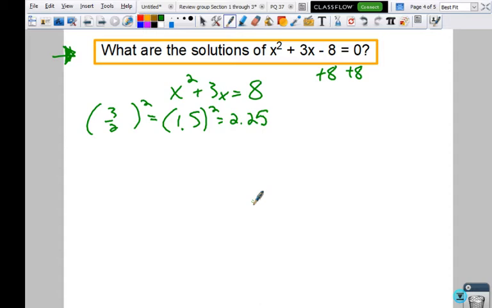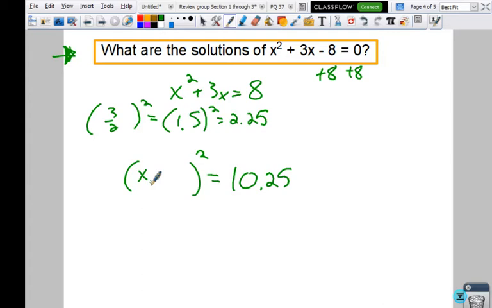2.25. We add it to 8, and then it goes on the end. So we get 10.25. And then inside here, we're going to have x. And Luis, what's going to go in here next to the x?